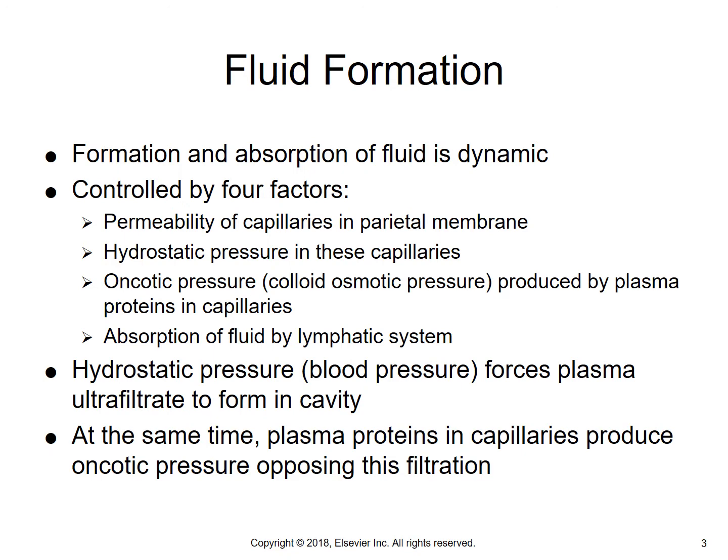Oncotic pressure is just a form of osmotic pressure exerted by proteins in either the blood plasma or the interstitial fluids, whereas hydrostatic pressure is a force generated by the pressure of these fluids on the capillary walls, either by blood plasma or by the interstitial fluid.